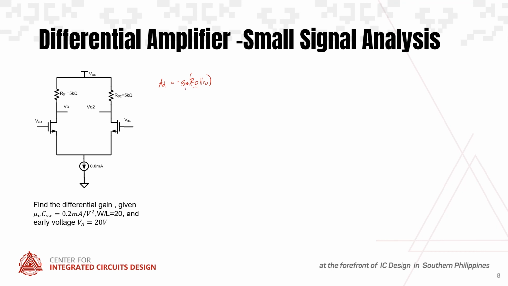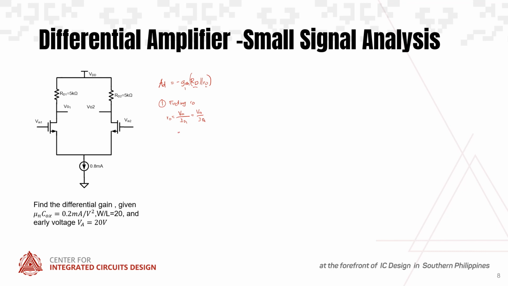RD is already given and RO we need to find. So first, finding RO. RO is VA over ID1, equal to VA over ID2 since they are equivalent.